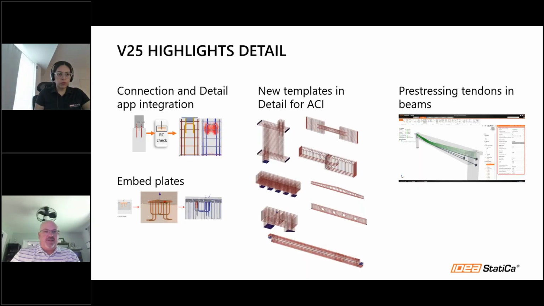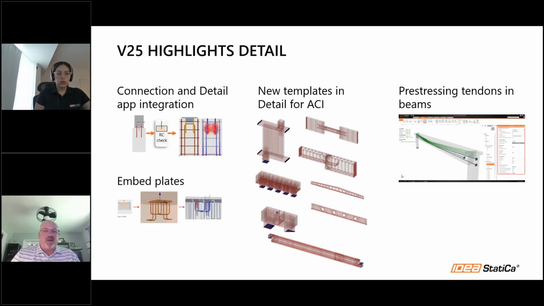so again, obviously the connection and Detail integration, which we'll be going through here shortly, you're able to model embed plates. So that's another option that was very useful. And then finally, there are new templates for Detail specifically for ACI code.